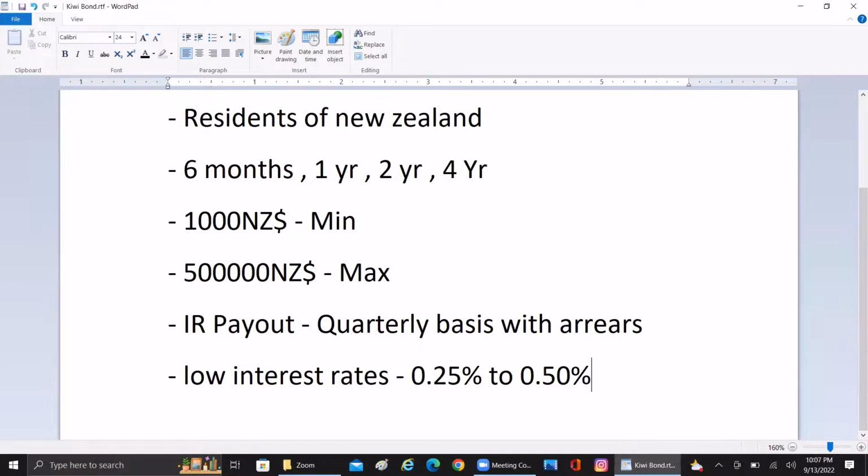So we saw the disadvantage is the low interest rate, but the advantage is that even during the 2020 crisis, the New Zealand economy remained very stable. The outside market mostly doesn't affect the New Zealand economy.